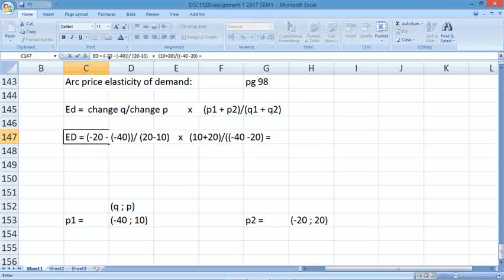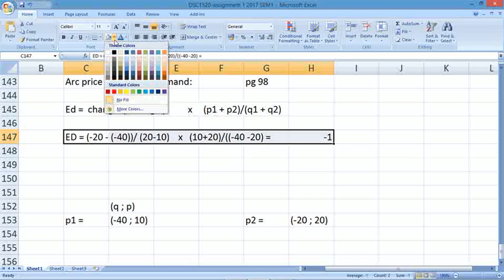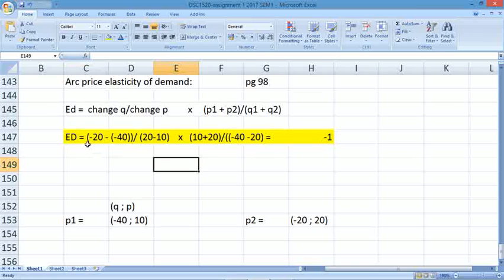If I substitute all of that into the calculator, I get minus 1. And you can see that is an answer to one of the questions. ED here is minus 1.